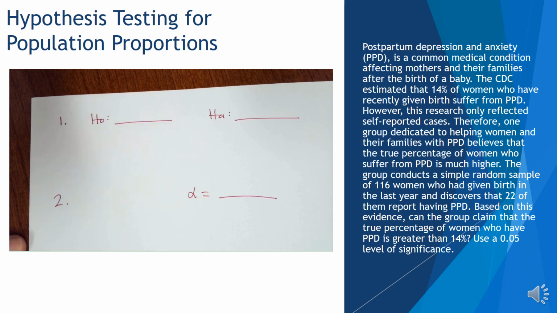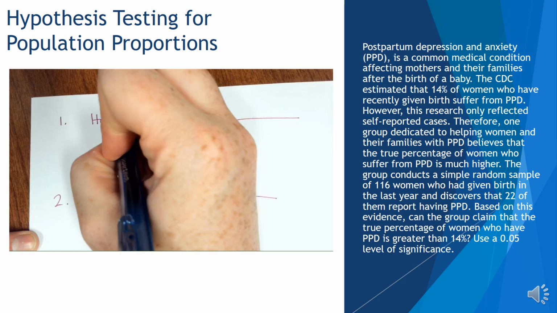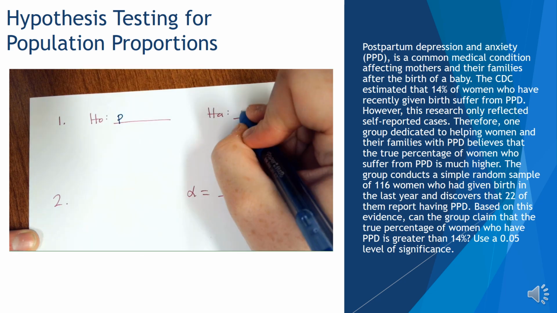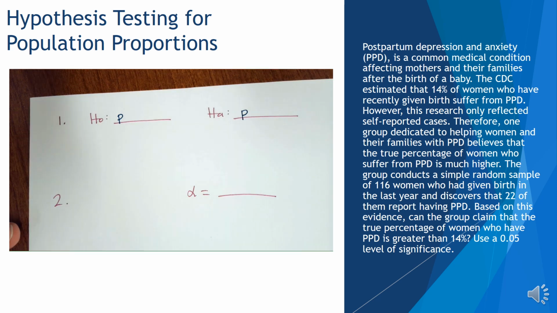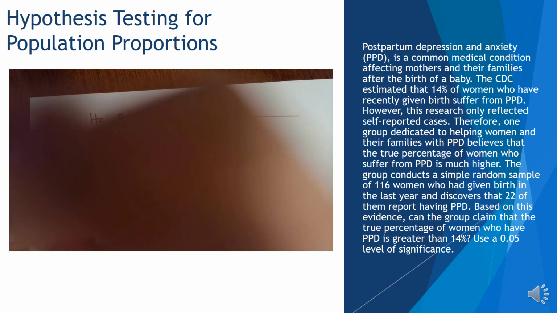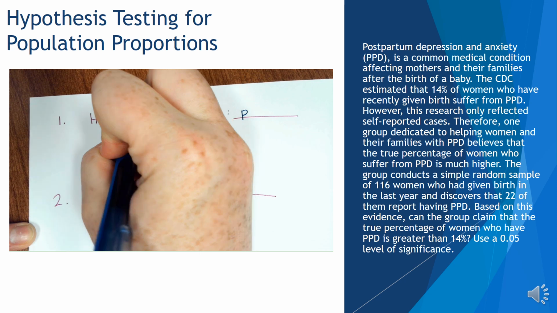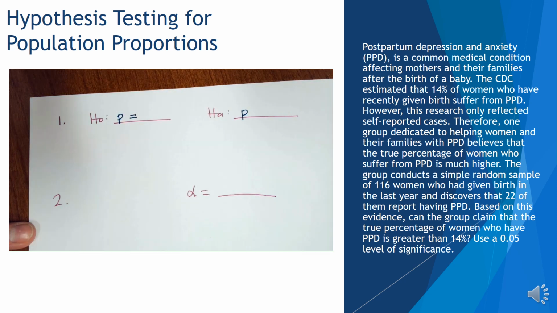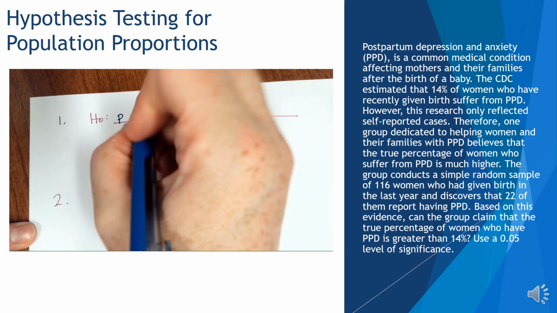So I can go ahead and draw in p for the population proportion. The claim says that 14% of women who have recently given birth suffer from postpartum depression, so it's going to be p equals 14%, as a decimal 0.14.